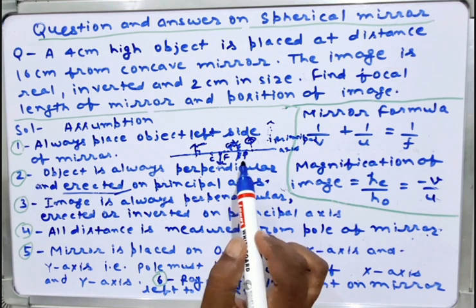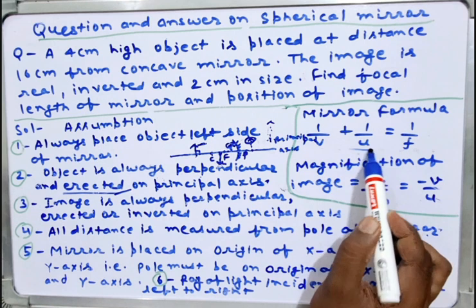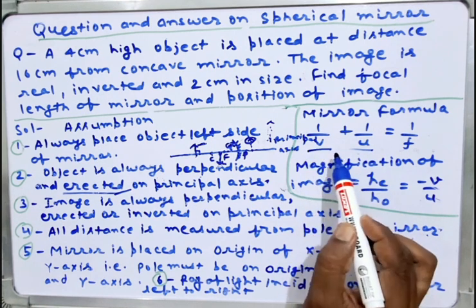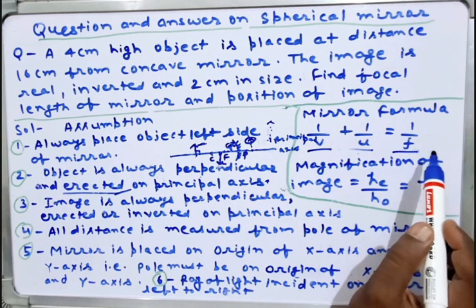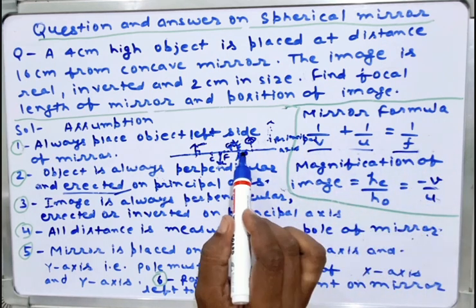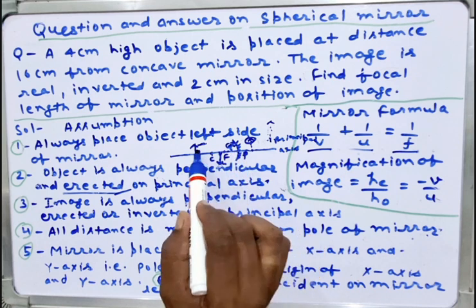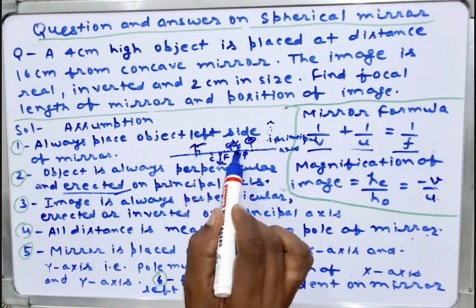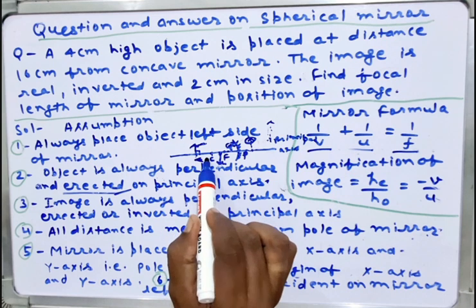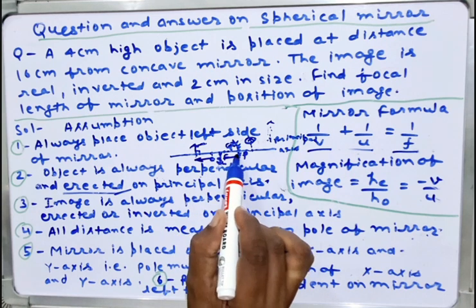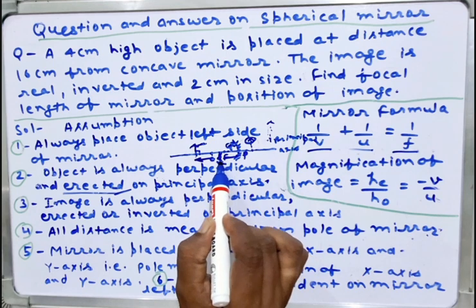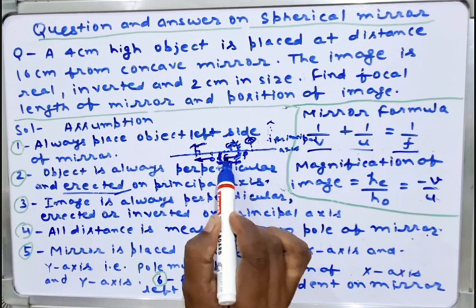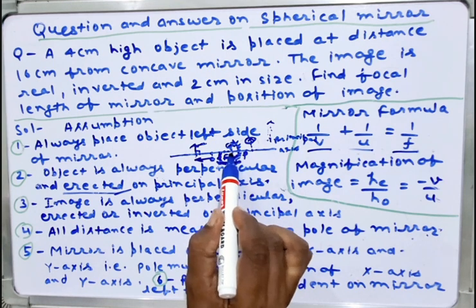The question says the object distance u, the image distance v, and the focal length of the spherical mirror, all shall be measured from this pole. Suppose this object is here, so this distance is u. Now suppose this one is the image formation, then this one is v, and this one is f, the focal length.